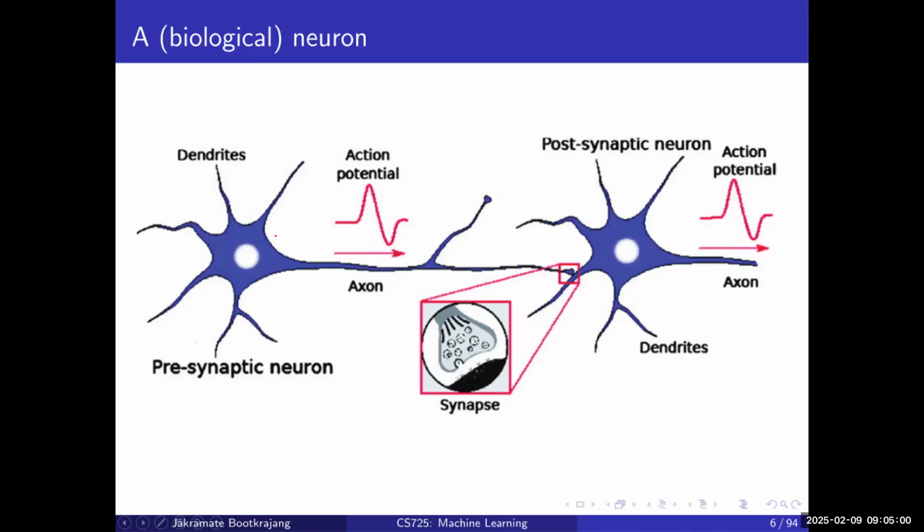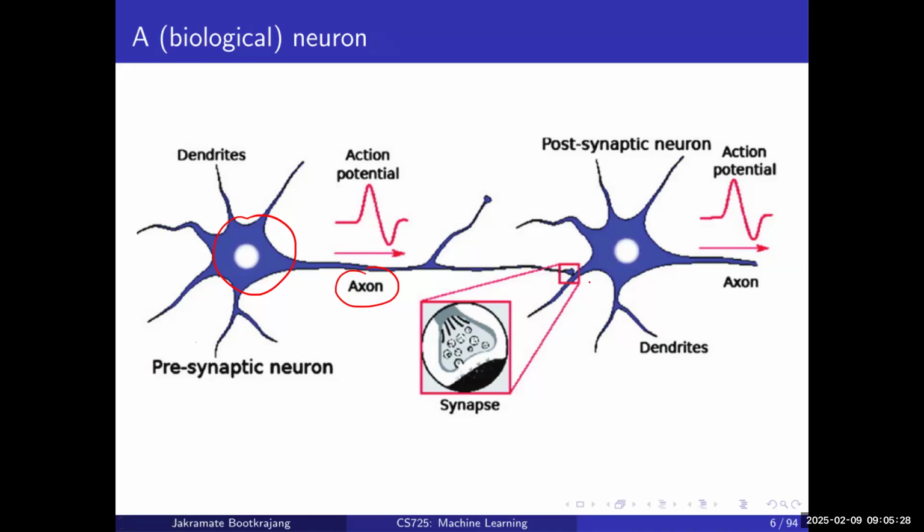For each of these cells, each cell is connected by an axon. One neuron cell will send some signal, maybe some action potential, via an axon into a synapse. So the synapse is a receiver.